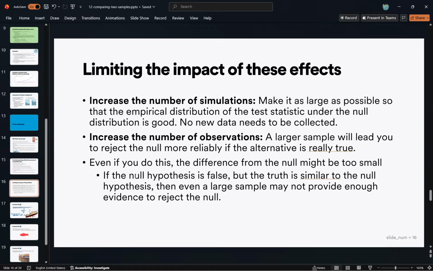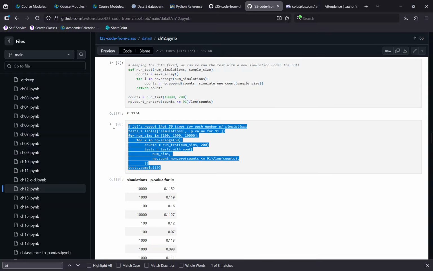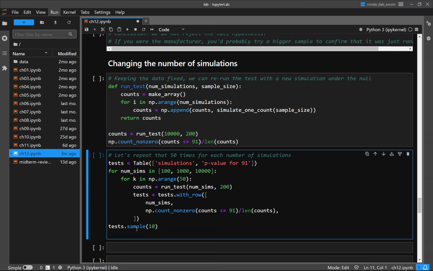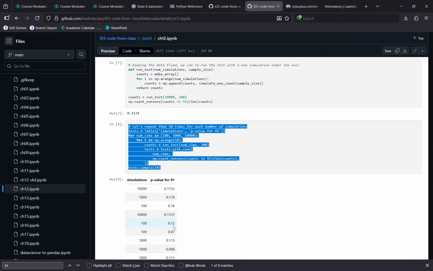Again, you don't have to understand this code, but it's worth talking about what we see. This is just some simulations that change different things. So let's show you that. And then I want to show you that too.